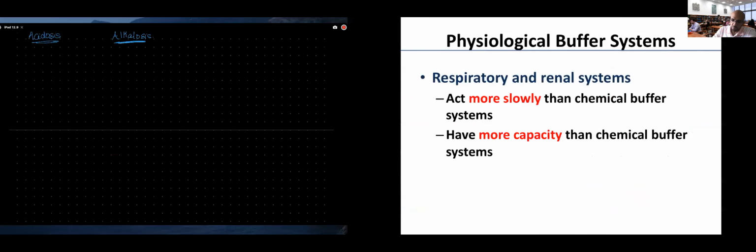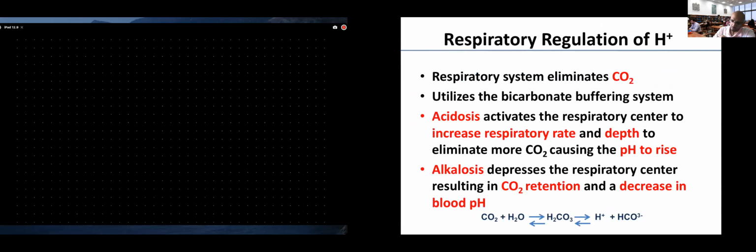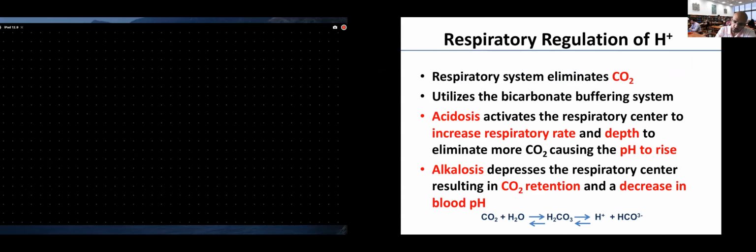The second mechanism by which you're going to be regulating your blood pH is going to be your respiratory system. To understand how respiration regulates your blood pH, remember, carbon dioxide, when present in your blood, is going to be diluted in the water.